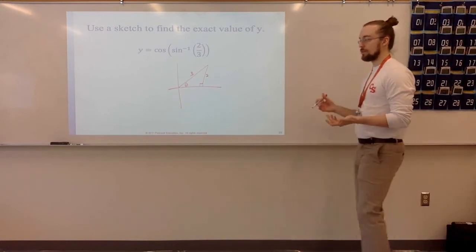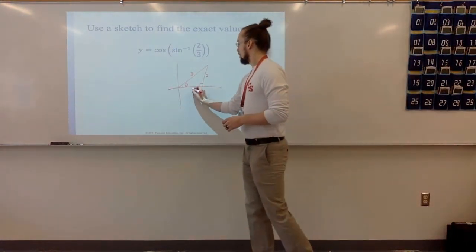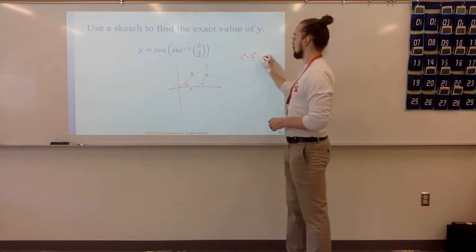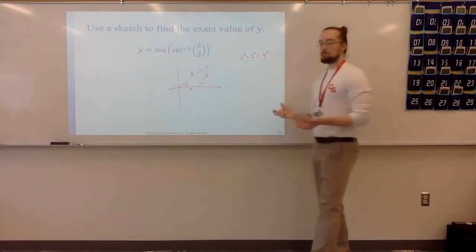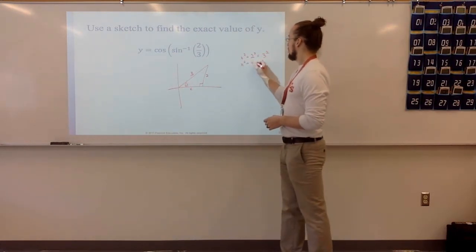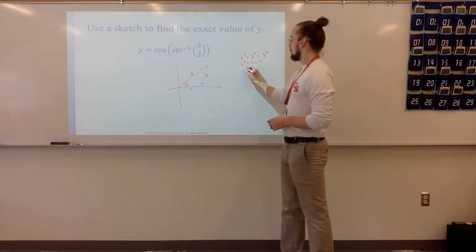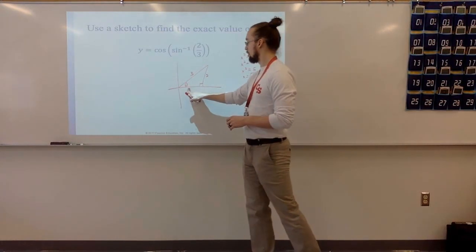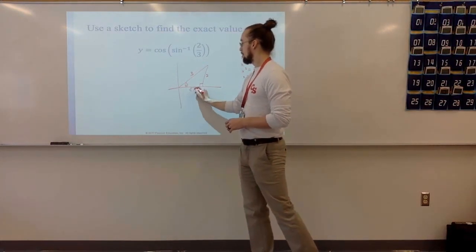Pythagorean theorem. So set this up as x squared plus 2 squared equals 3 squared. So we get x squared equals 5. So this side ends up just being the square root of 5.